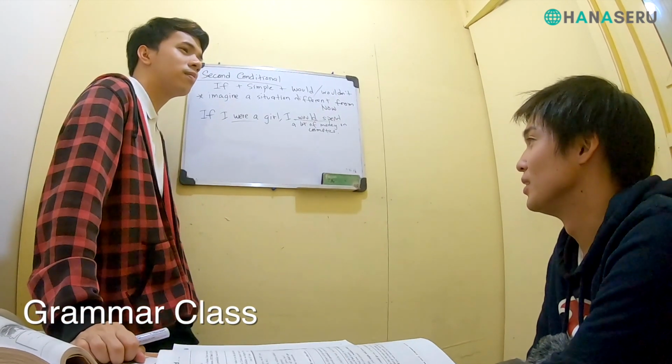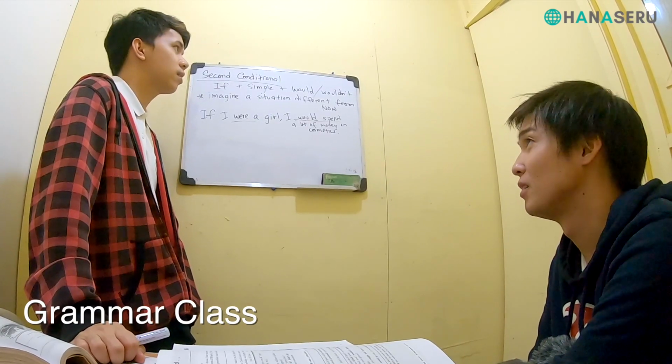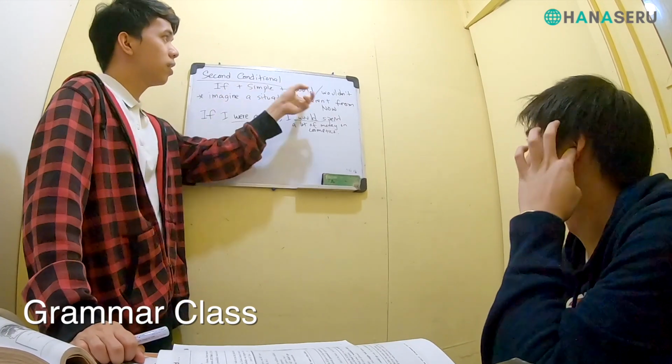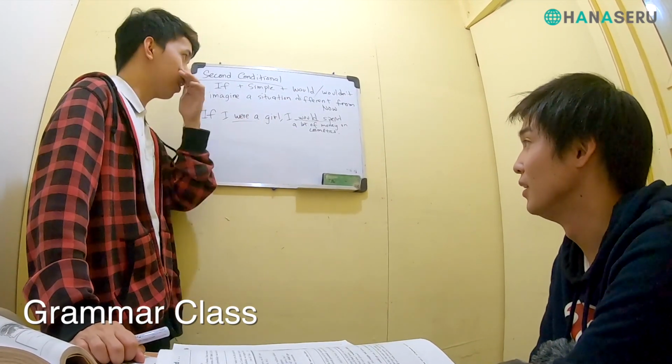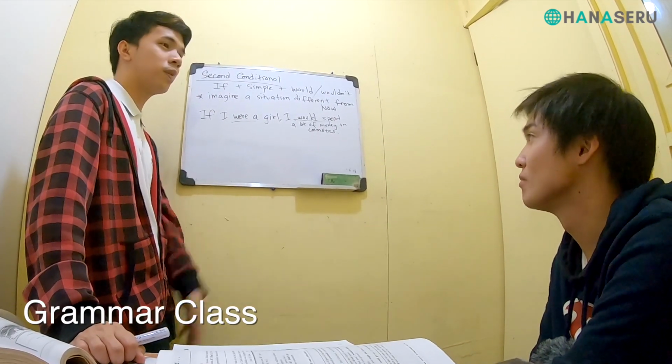What does this sentence mean? It's impossible to happen, or we're just imagining a situation different from now. Actually, you are a boy, you're a man, you're not a girl. But if you were a girl, you would spend a lot of money on cosmetics.